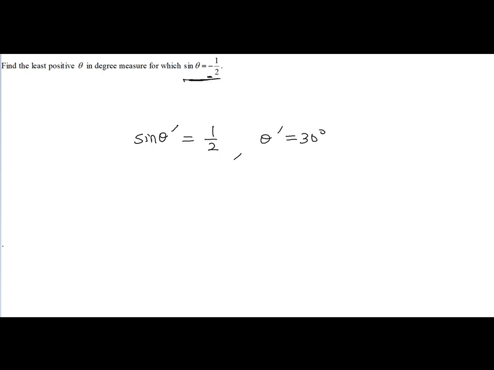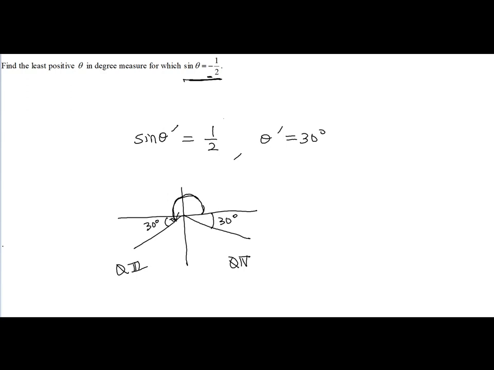And now sine is negative in quadrants 3 and 4. So what angle has reference angle 30 degrees in quadrant 3 and 4? You should look for the least positive angle measure, turning this way.